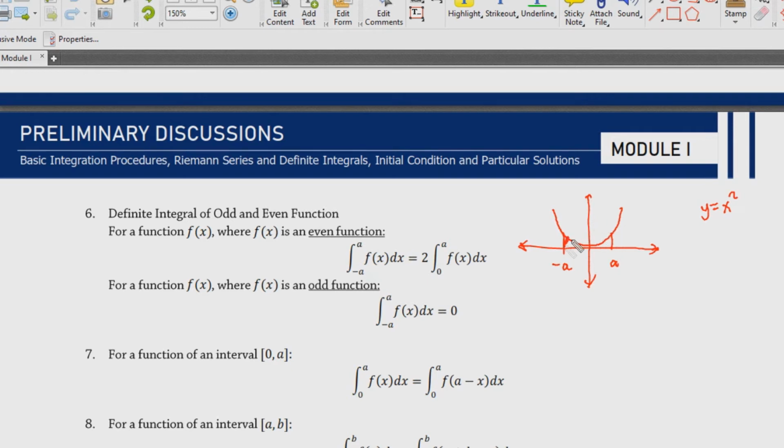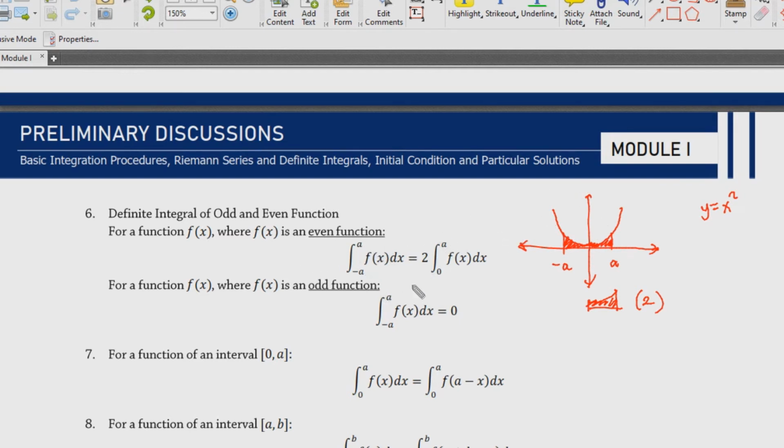So if you try to take the integral of this, so you just have this area. But can you see the symmetry under this curve? So in this case, kung symmetric sila, you can just plug out 0 here, 0 to a, diba? And then just multiply it to 2 kasi yun yung magiging area as well. Instead of you integrating from negative a to positive a, you can just take this side, diba? And then multiply it to 2 kasi they're just the same. So that is the concept of even function.